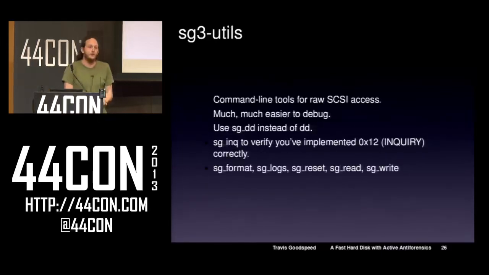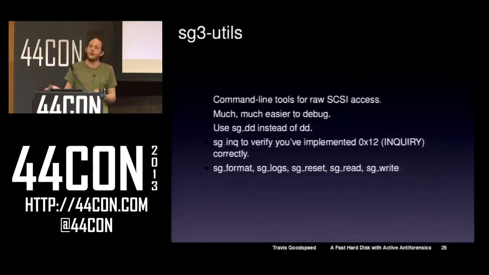In the same way that you might want to send a raw network packet, it's very common that you would want to send a raw SCSI packet. When you use dd on the command line, certain parameters get ignored. For example, the block size parameter in dd is just used for math and for performance between the process and the operating system. It's completely ignored by the time it gets to the SCSI device.